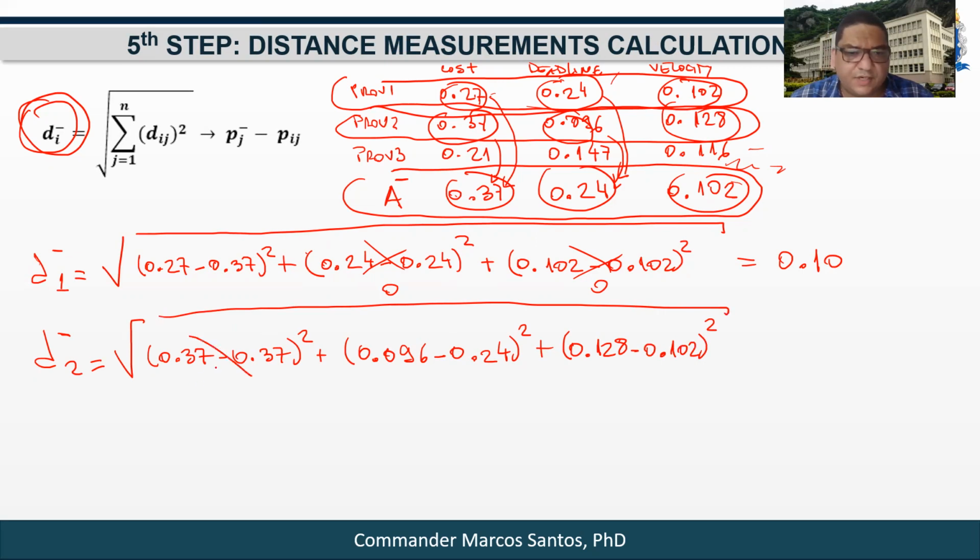So here I'm going to take 0, and now I have 0.146.